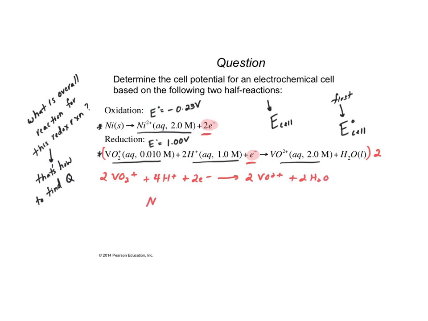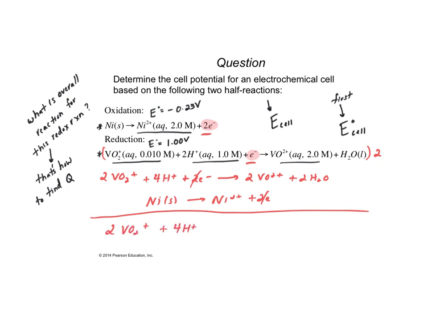Then I would combine that with the nickel going to nickel 2+ plus 2 electrons. This would be the overall reaction that Q would be based off of, which is 2 VO2+ plus 4 protons plus nickel solid, going to make nickel 2+ plus 2 VO2+ plus 2 H2O, and water is a liquid. Okay, so Q would be coming from this.